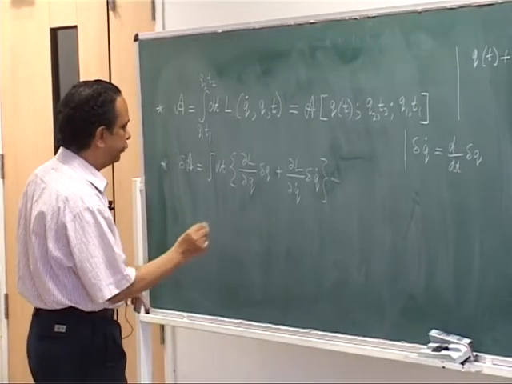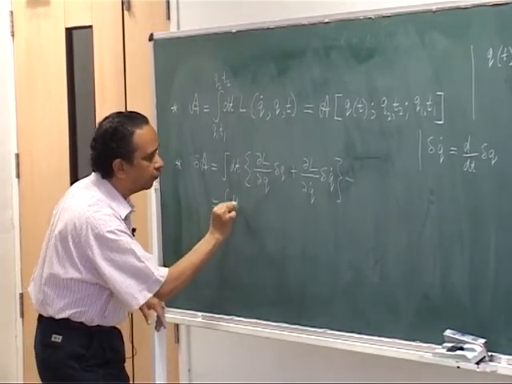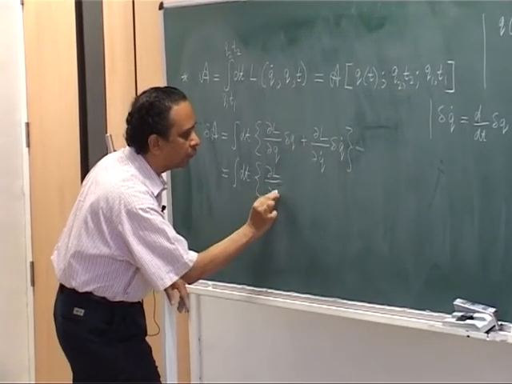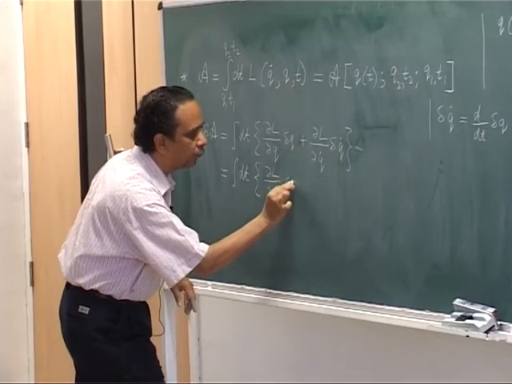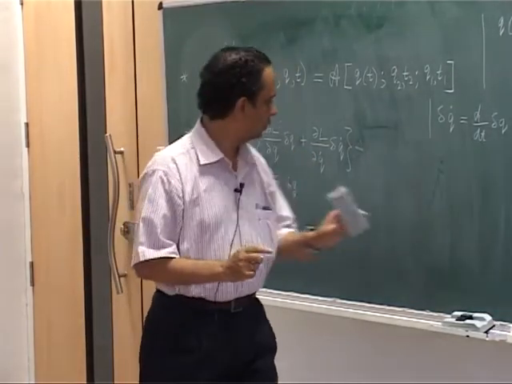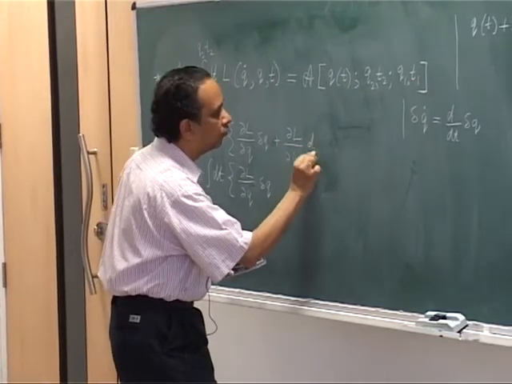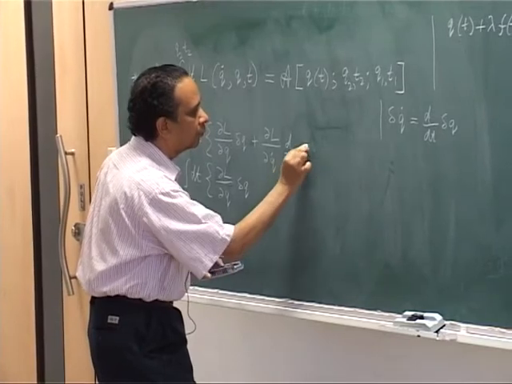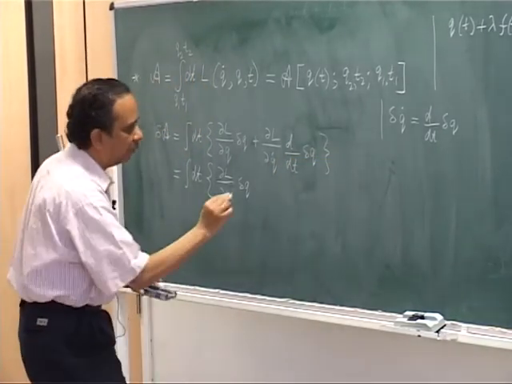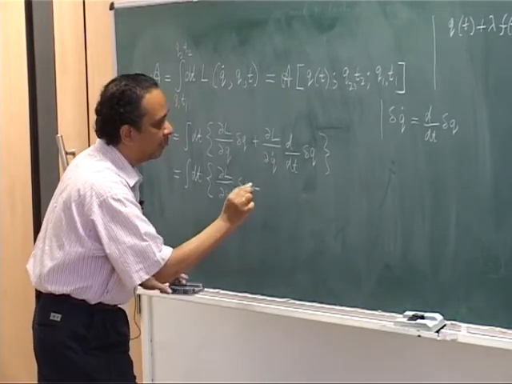So, this goes into integral dt dL by dq delta q, and here this is d by dt of delta q. So, you do an integration by parts, and write the negative term first.